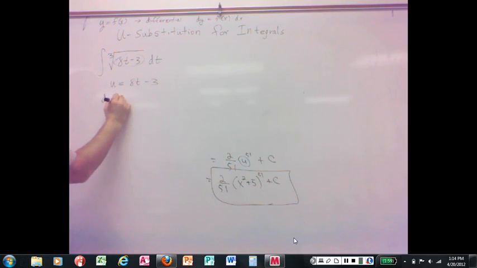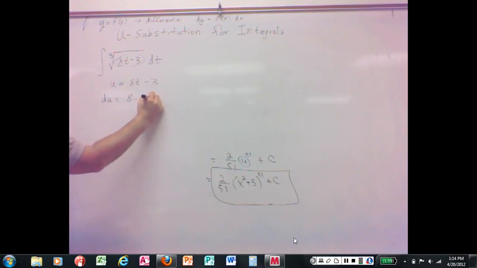And then, when you do that, you also need the du, which is just the derivative of this, which is nice, it's just 8, times dt. In this case, I'm doing t instead of x. And so, divide that by 8, you get du over 8. That's what dt needs to be replaced by.